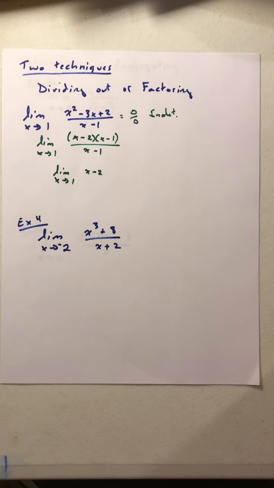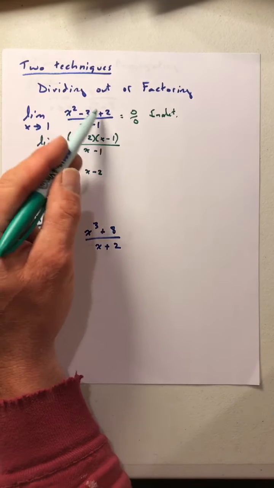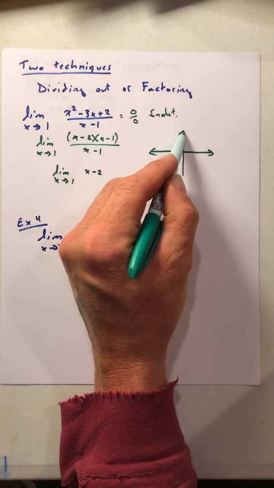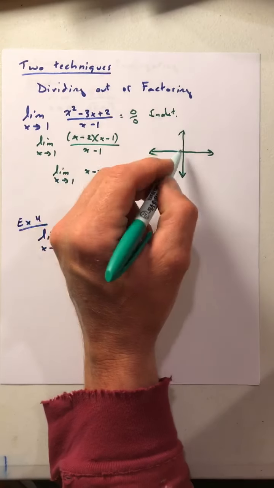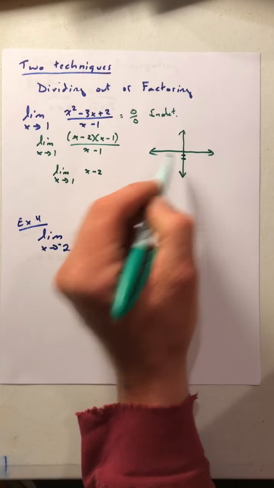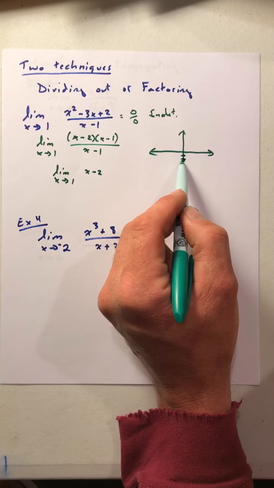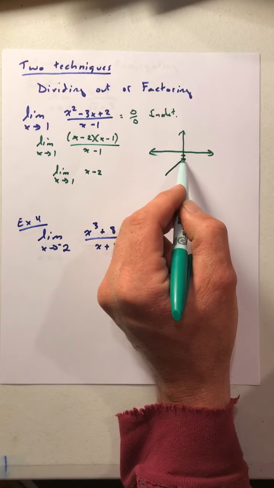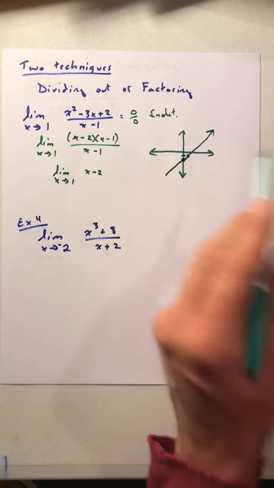So we've now created a different function. X minus 2 is not the same function as this up here, but these two functions look very similar to each other if we were to graph them. If you put them into your calculator, you're going to notice that x minus 2 is going to be a linear function. We're going to go through that negative 2 there. It's going to come up. As we get closer and closer to 1, we're going to see just a nice linear function.